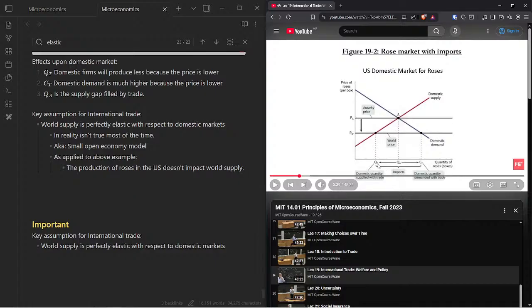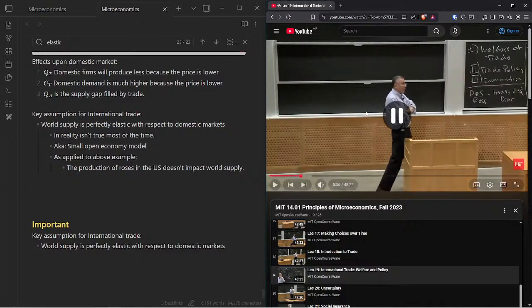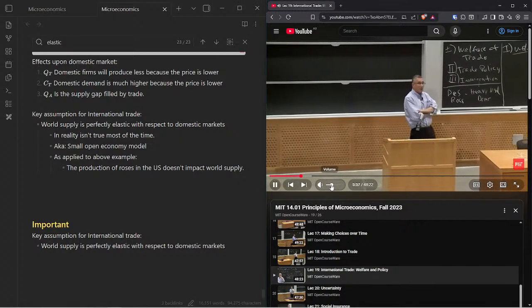Or maybe T1, T2, Q sub T1, Q sub T2. So the U.S. consumers now want Q sub T roses. But at that new low price, domestic producers don't want to supply Q sub T. Remember, domestic producers have to respect their supply curve.